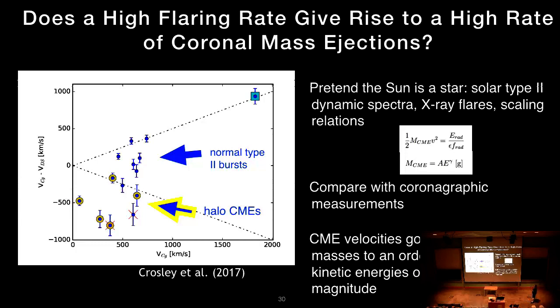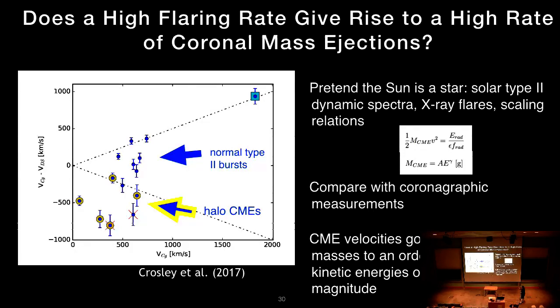So we had a set of solar data that we could use as a sort of test particle, where we had solar type 2 data, we had X-ray flares from the sun, and so we could pretend that the sun is a star and do this experiment, see what answers we got, but then we could sort of lift the lid, if you will, and see what the right answer is by looking at those coronagraphic measurements and then see how well we were doing.